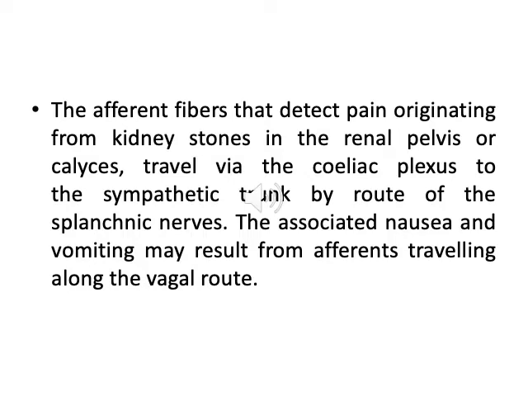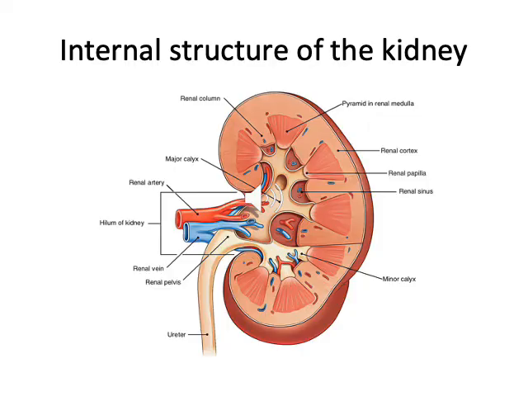The cause of that is the afferent fibers that detect pain originating from the kidney stones in the renal pelvis or the calyces travel via the celiac plexus to the sympathetic trunk by route of the splanchnic nerves. The associated nausea and vomiting may result from afferents traveling along with the vagal route.